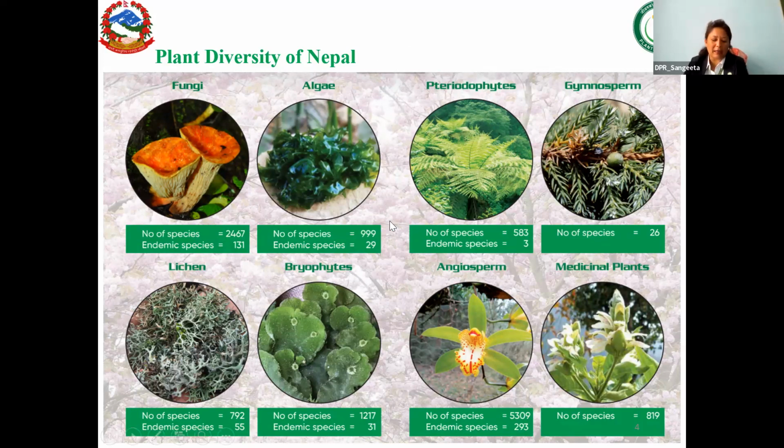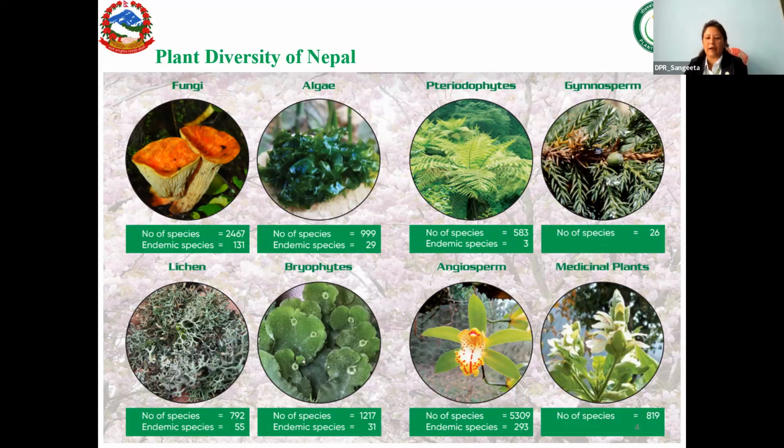Likewise, lichen, also known as jhau, has 792 species recorded, and among them 55 are endemic. In bryophyte, 1,217 species are recorded, and among them 31 are endemic to Nepal.